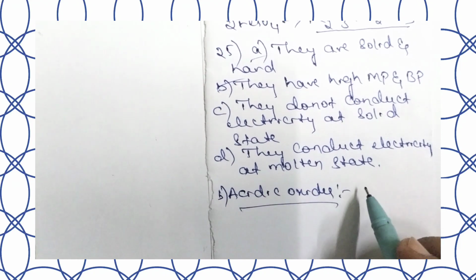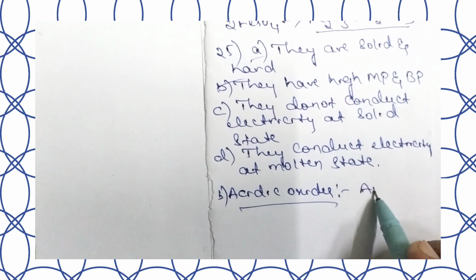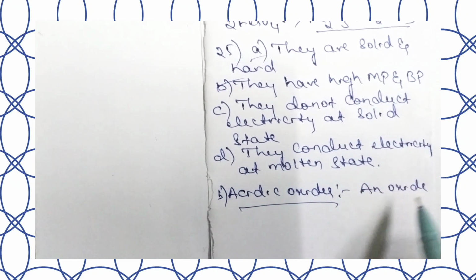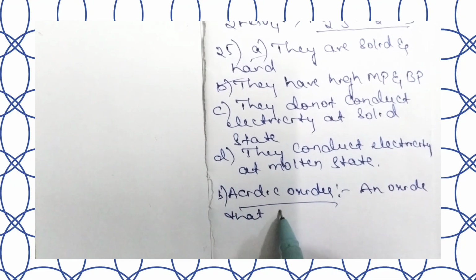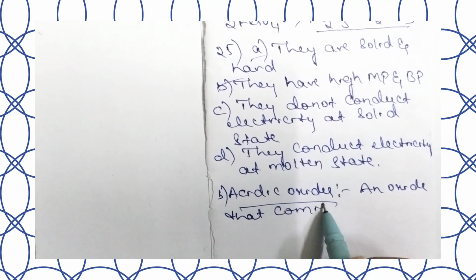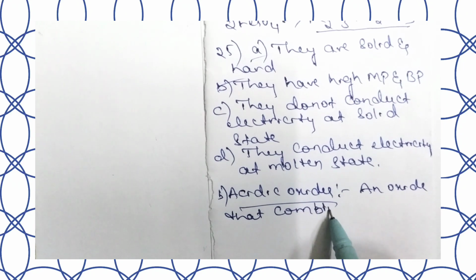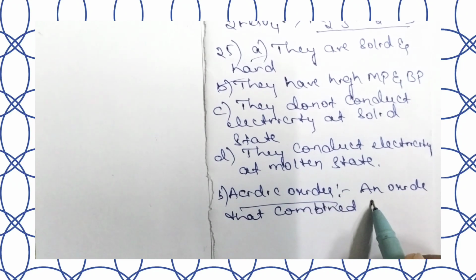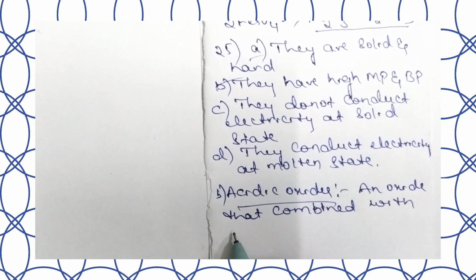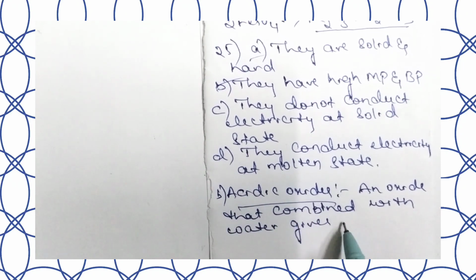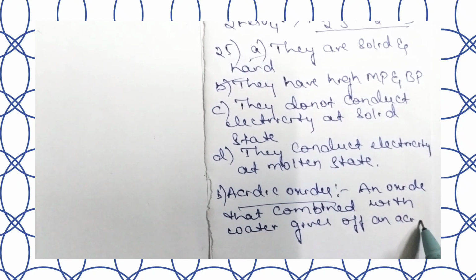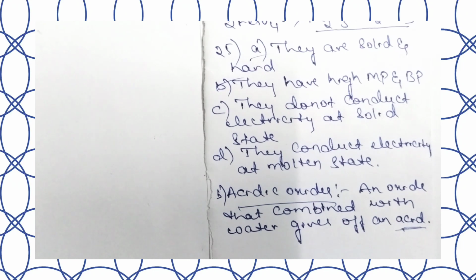An oxide that combined with water gives off an acid. The oxide which combines with water and gives an acid is called an acidic oxide.